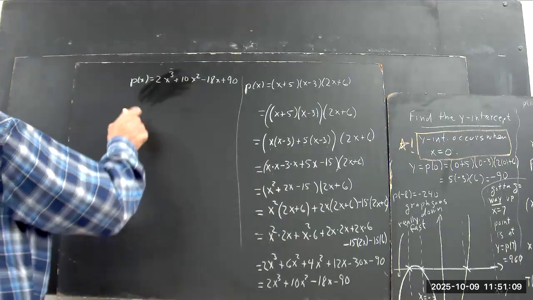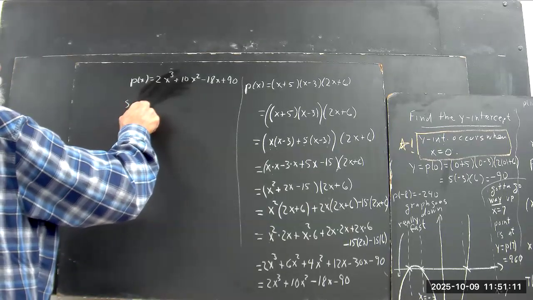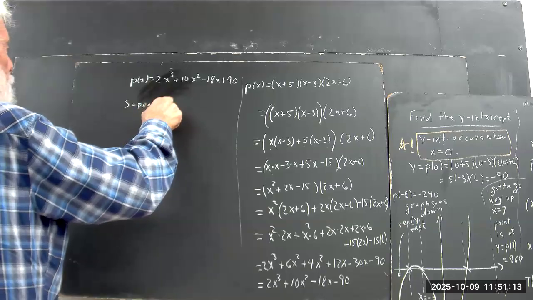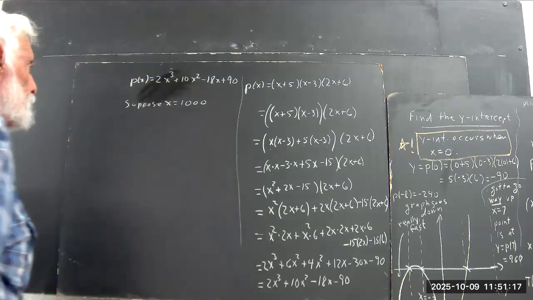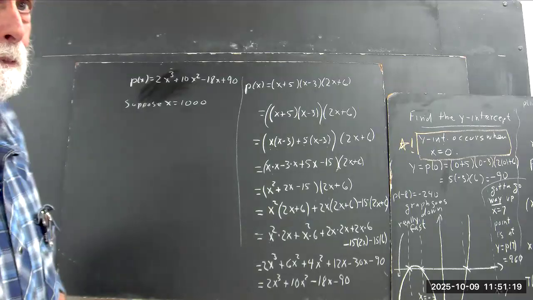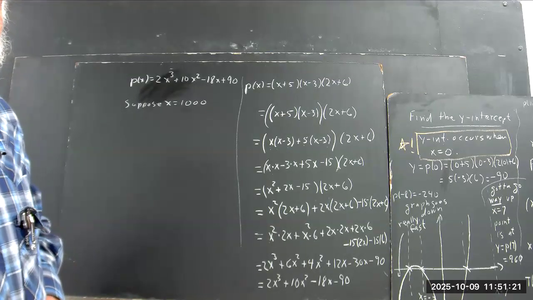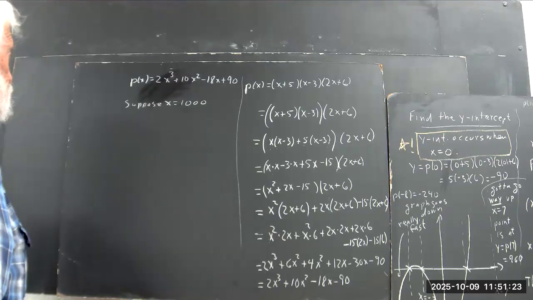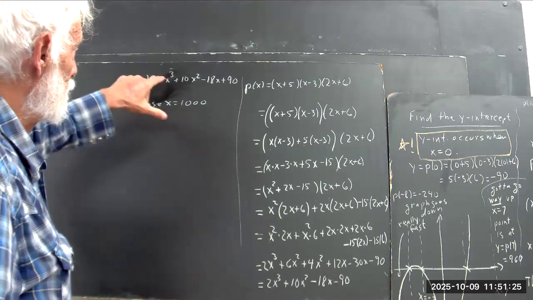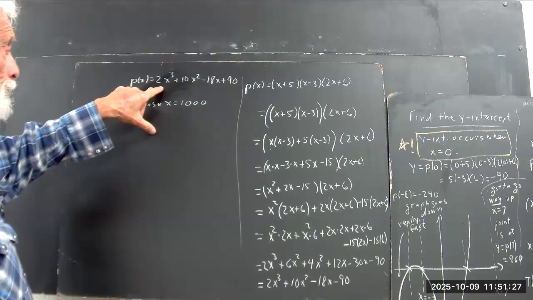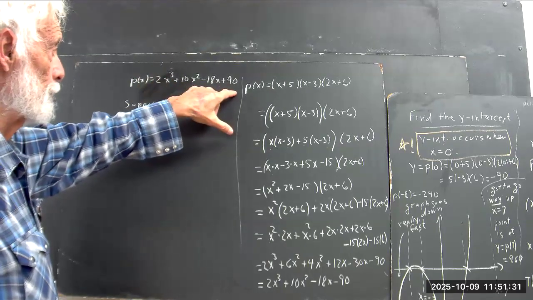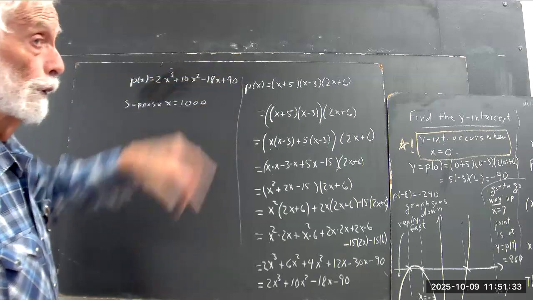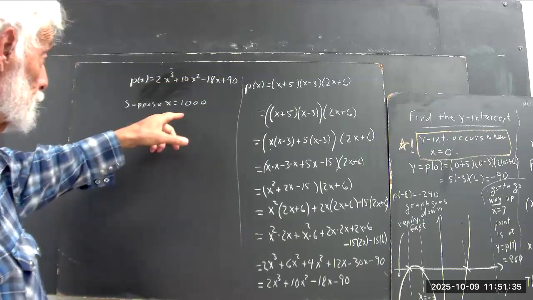Now, suppose x equals 1,000. I'm going to show that only this number really matters. This number is so much bigger than all the rest of these numbers that we can almost ignore those numbers when x equals 1,000.